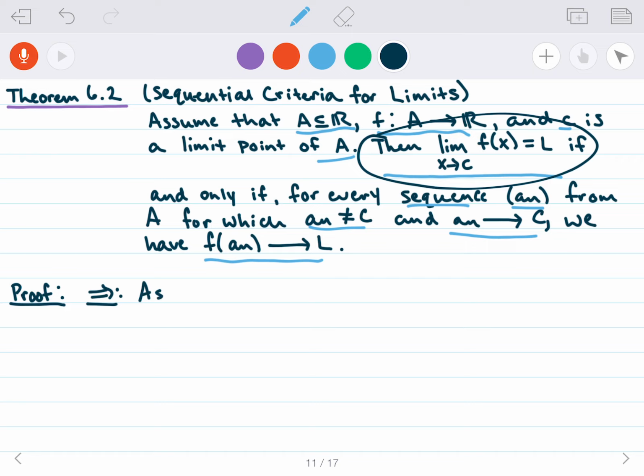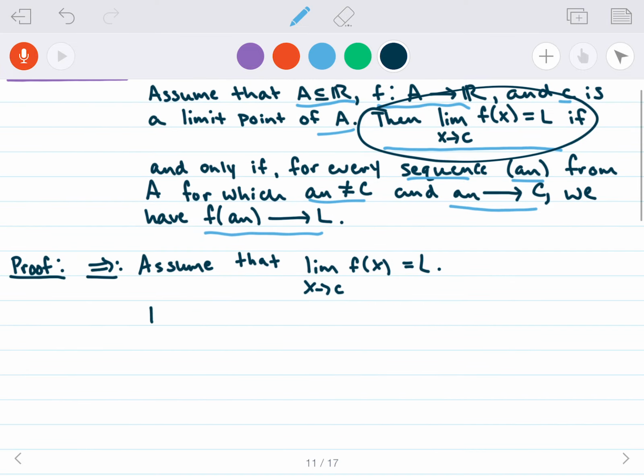So assume that the limit as x approaches c of f(x) is equal to L. All right, so since that's true, we let epsilon be bigger than 0.